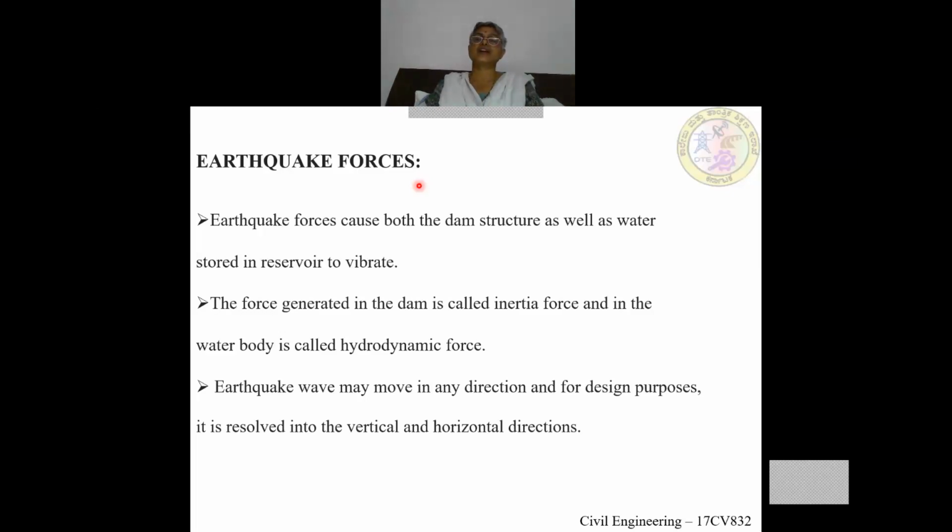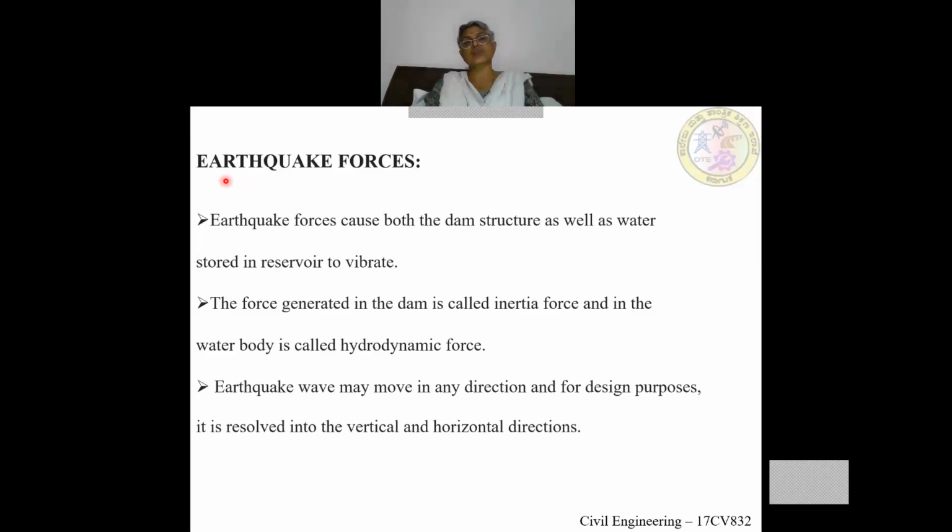There will be a difference in hydraulic gradient when it comes out through the downstream side. This difference in hydraulic gradient will cause this uplift force, and this uplift force has to be reduced. That is about the internal water pressure.